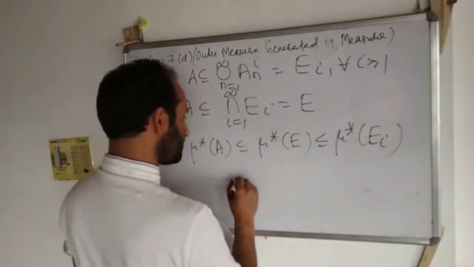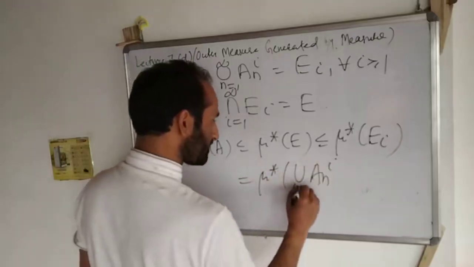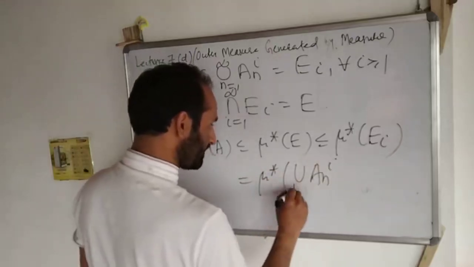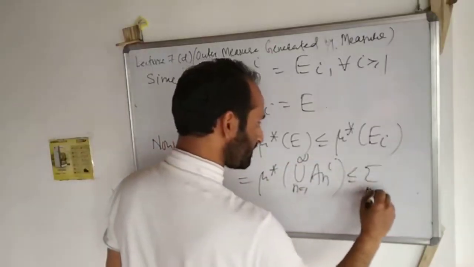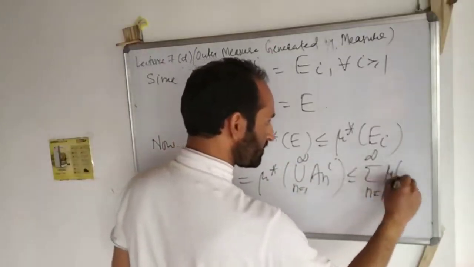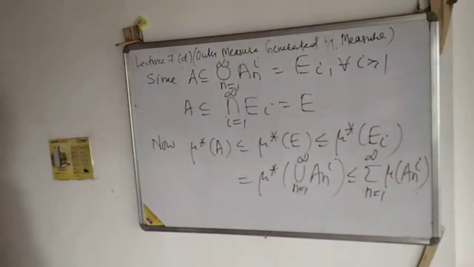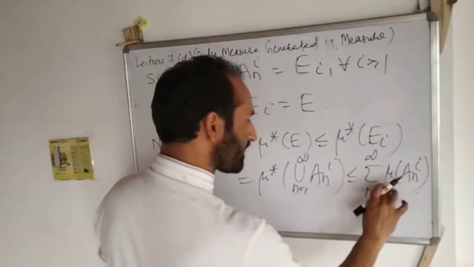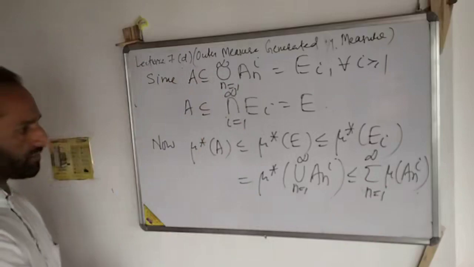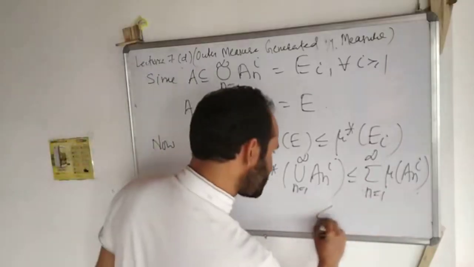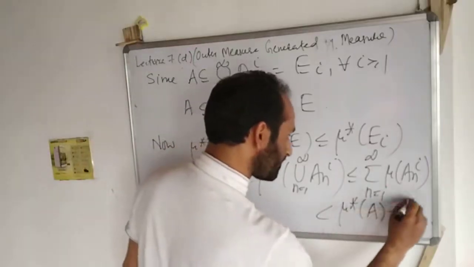It is a union. It's mu star of the union over n from 1 to infinity of A_{n,i}, and that's less or equal to the summation over n from 1 to infinity of mu of A_{n,i}, because mu star is sigma sub-additive, and here I can replace mu star by mu because mu star is an extension of mu. Now this is less than mu star of A plus 1 by i.